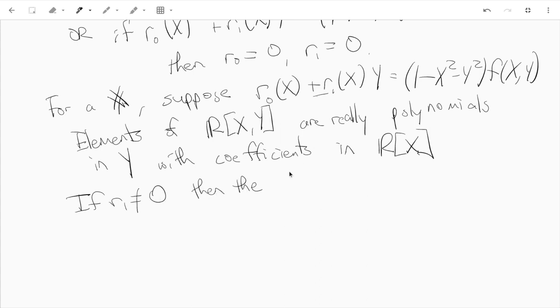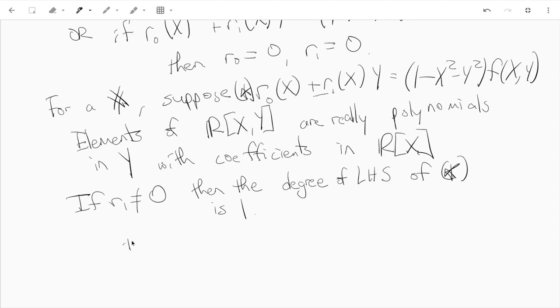Then the degree of the left-hand side of this equation, which I'll call star, is 1. And what's the degree of the right-hand side? It is something that's either at least 2 if f(x,y) is non-zero, or undefined if f(x,y) is 0.